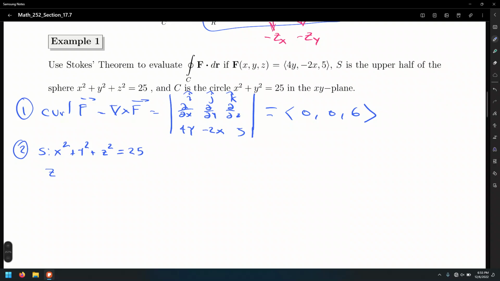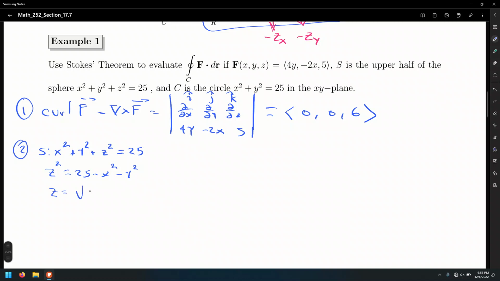Recall that surface integrals have this little pitfall: we're evaluating an integral over dA, which is essentially in two dimensions, and if you have that third variable, you need to write it in terms of x and y, which is what we're going to do here. So z squared equals 25 minus x squared minus y squared.